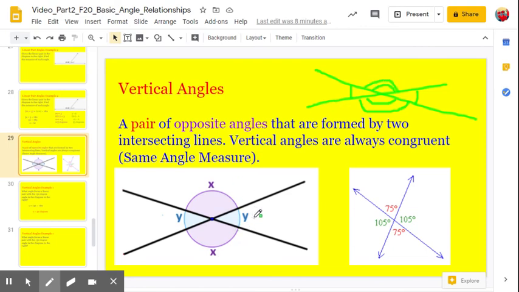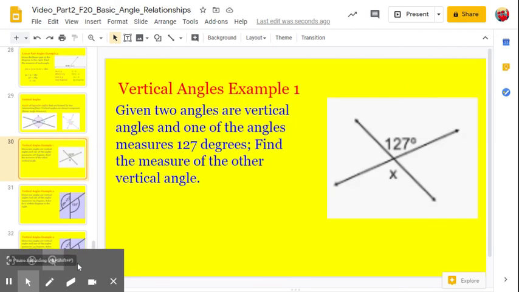And vertical angles are congruent, so they have the same measure. So this angle X is the same as this angle X. This angle Y is the same as this angle Y. And here you can see with the angle measurements in there, the 75 degrees are vertical, and the 105 and the 105 are vertical.